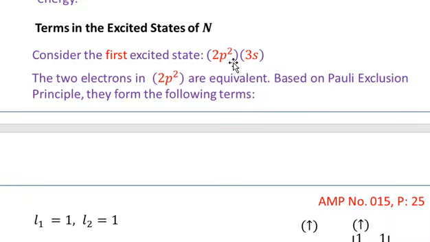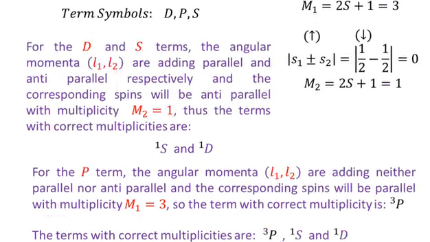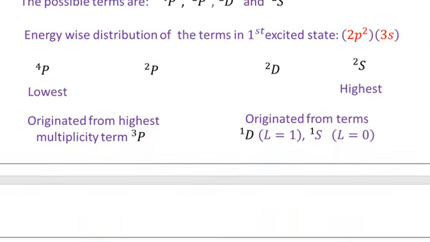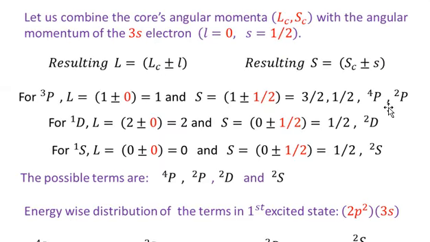First of all, I obtained the terms using 2p2, then I combined their angular momenta with the angular momentum of the 3s electron, and then I obtained the final terms, which are four in number, shown with the multiplicities over here: 4P, 2P, 2D, and 2S.